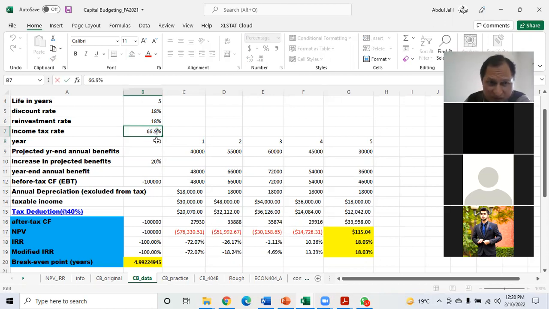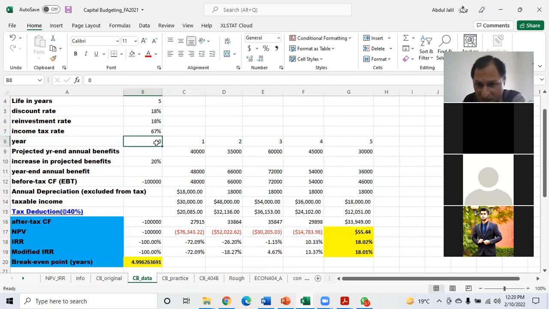So usually it is very close, just like 6.95. Now getting very close. So just like I'm getting that value, which is very close, 4.99, means around 5 years are required to get the break-even point.